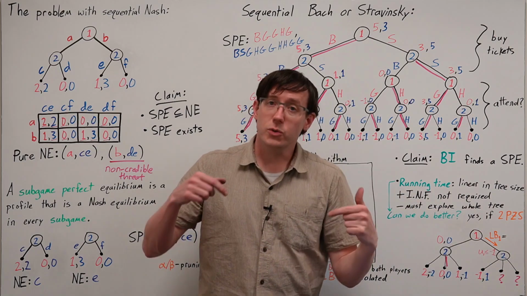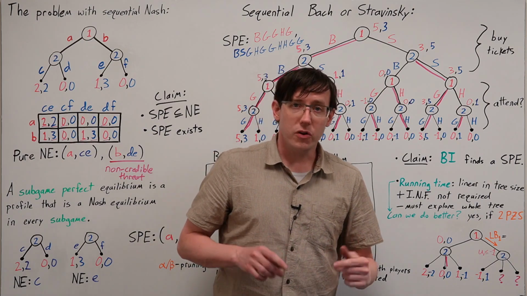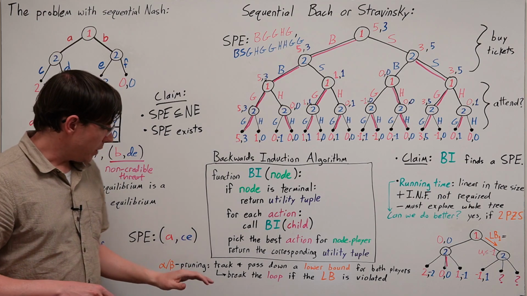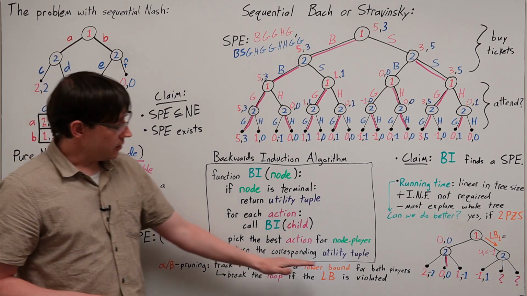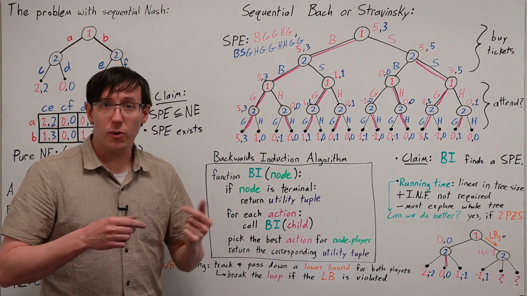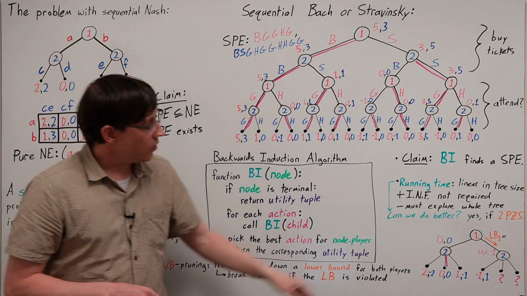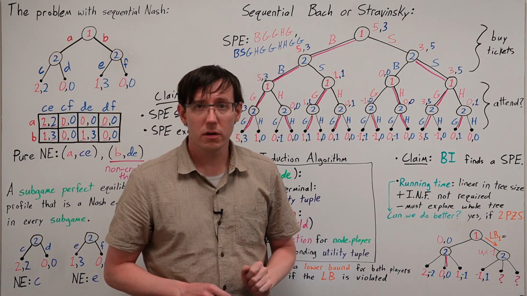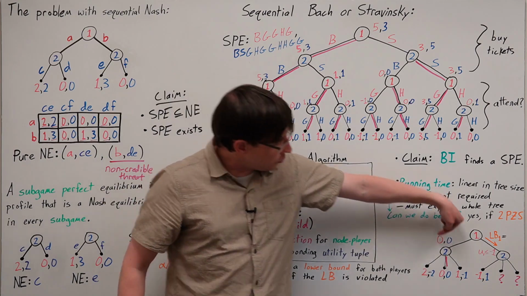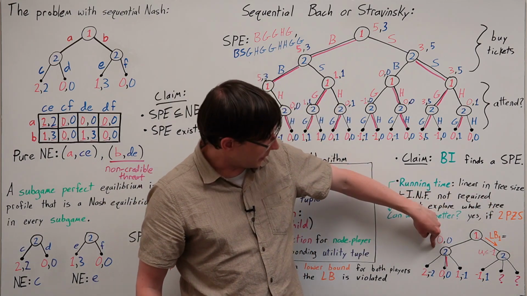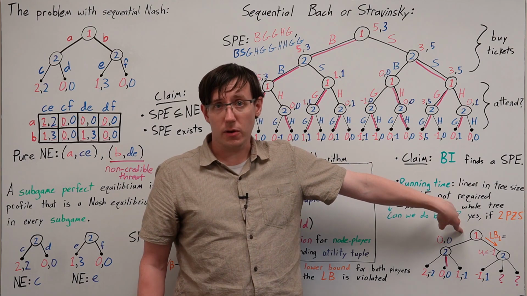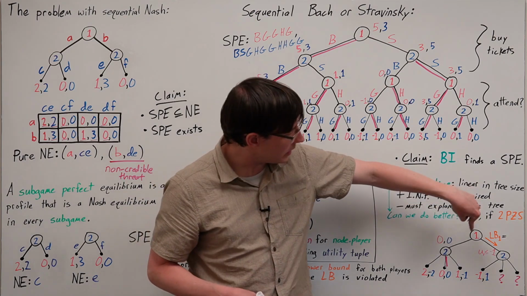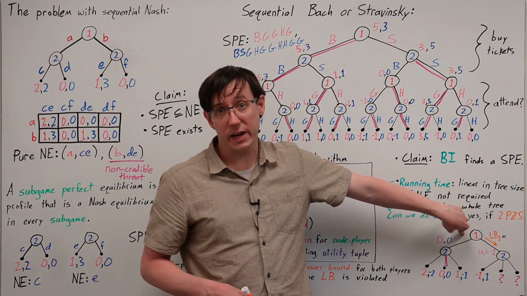So to actually implement this, we need to slightly augment our backwards induction algorithm by keeping track of a lower bound on the utility for each player. And when we recurse, we will pass down that lower bound. So here, when we're looping through the actions for player 1, we got back a utility of 0, and so 0 is now a lower bound on player 1's utility if this node is reached.